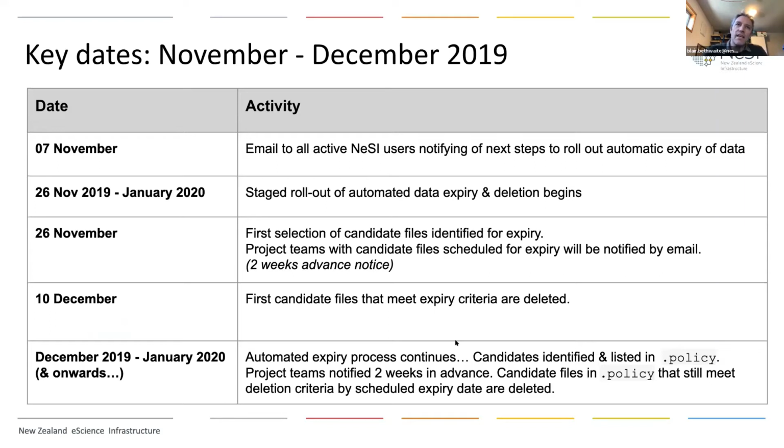Now, when we say staged rollout, that means that only a subset of the possible projects that could be impacted will actually get notified on the 26th. So you may have a project that has files in the nobackup project directory older than 106 days on the 26th and not receive an email and not have anything in your .policy directory.